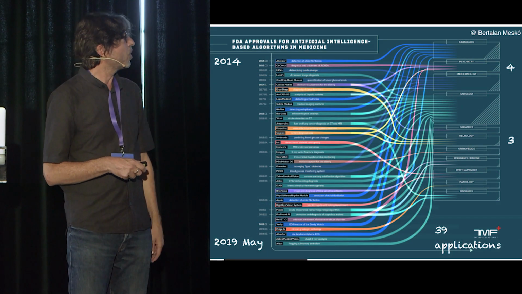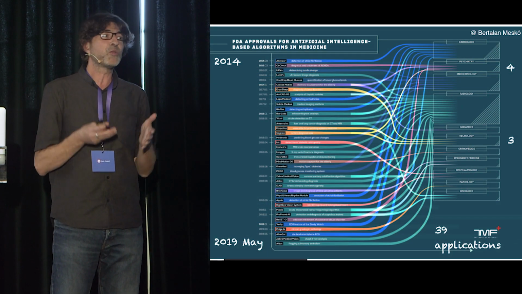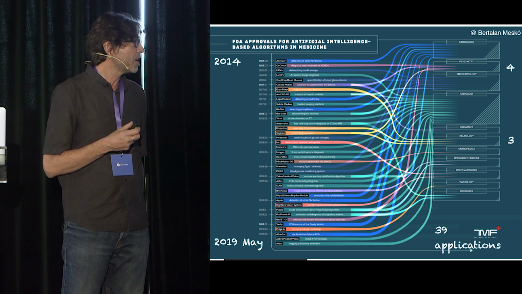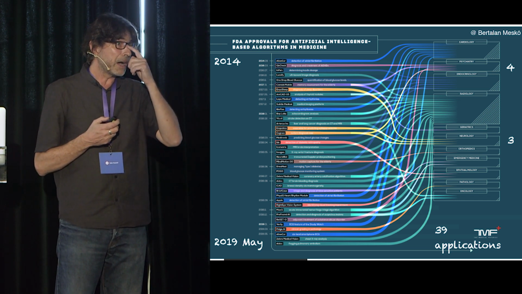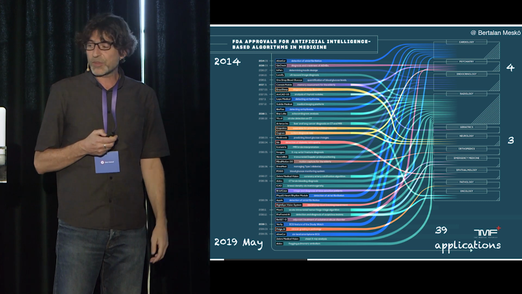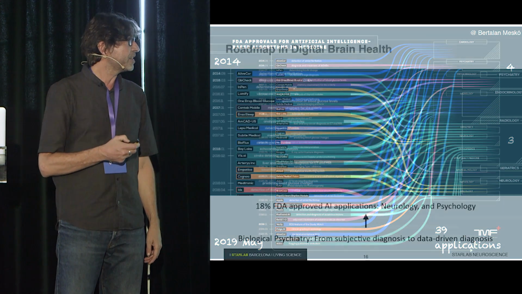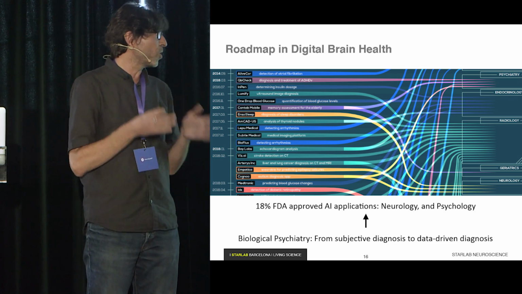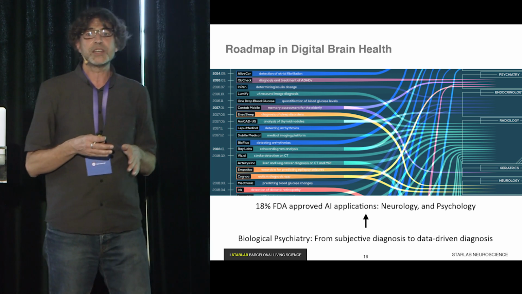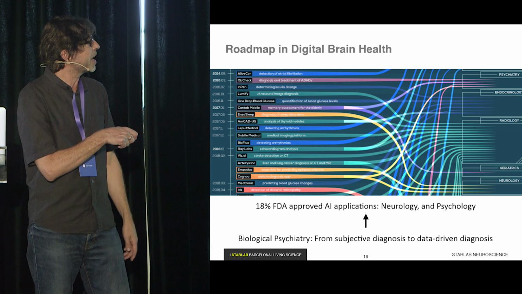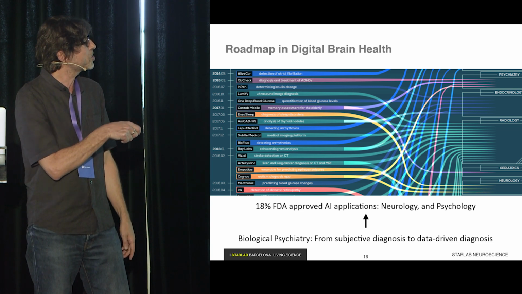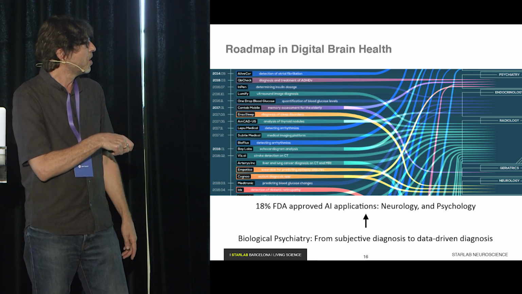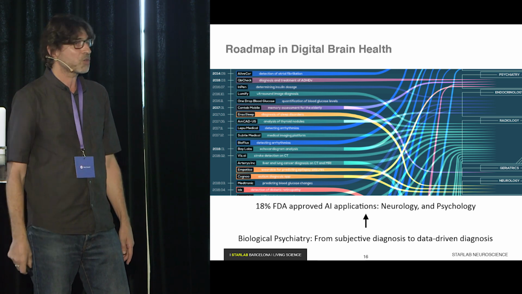Not only this, but also the FDA-approved applications in the last years have increased. So 39 applications are approved, and some of them, exactly 18%, are applications for neurology, psychology, psychiatry, and include, for instance, diagnosis of sleep disorders, memory assessment in the elderly, or autism diagnosis.